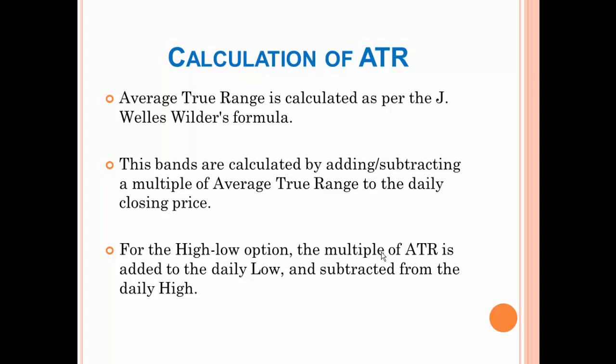So whenever we are forming the upper band, we are adding a multiple of ATR to the close, and whenever we are creating the lower band, we are subtracting the multiple of ATR from the close. So for the high low option, the multiple of ATR is added to the daily low and subtracted from the daily high. So this is the calculation part.